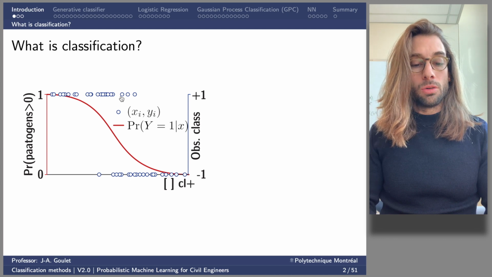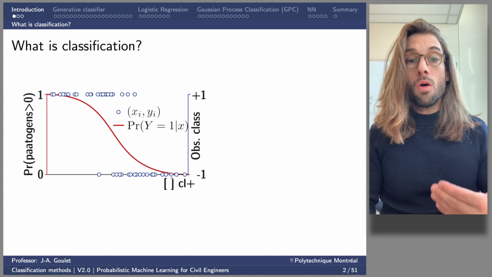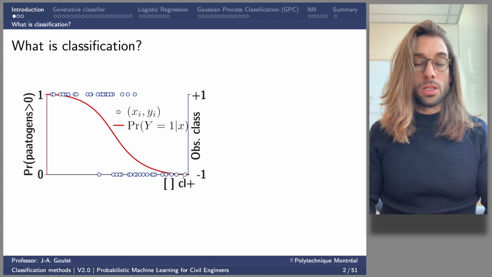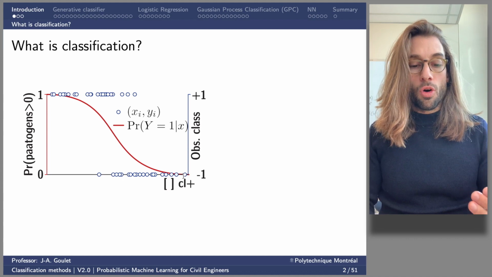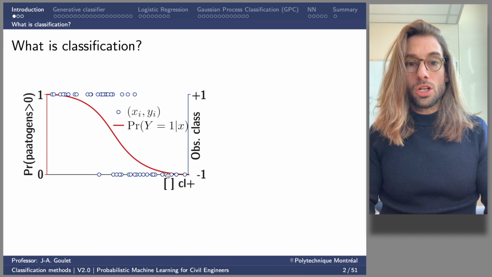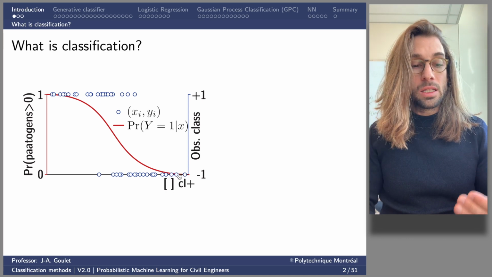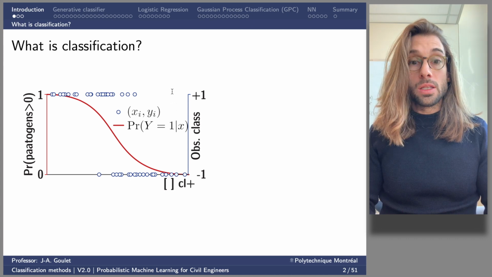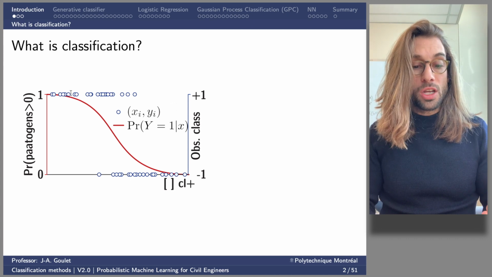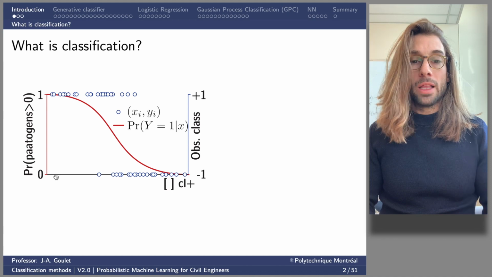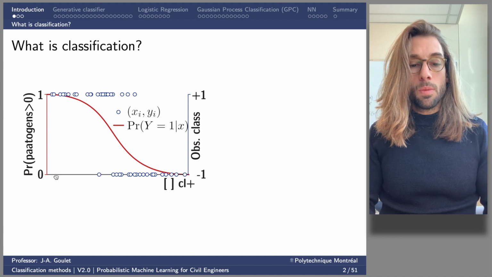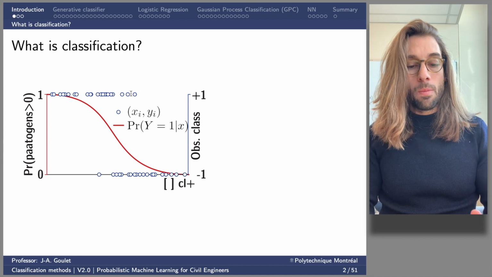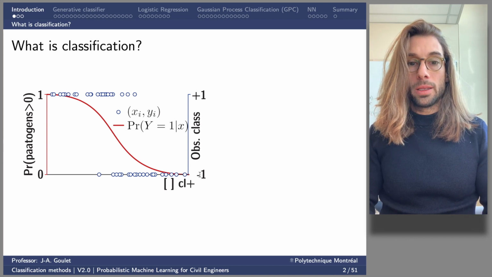For higher chlorine concentration, we see many observations where there are no pathogens present. For super high chlorine concentration, we haven't seen any cases where there were pathogens. On the opposite, for low chlorine concentration, we have no observation where there were no pathogens present. Here +1 represents the observations where there are pathogens, and -1 the observations where there are no pathogens.